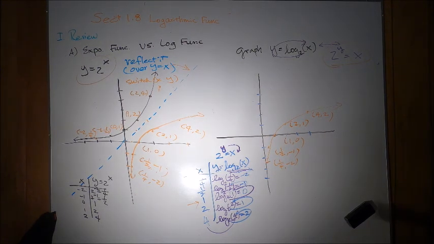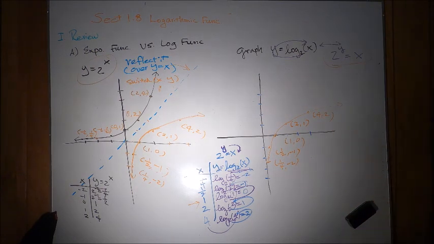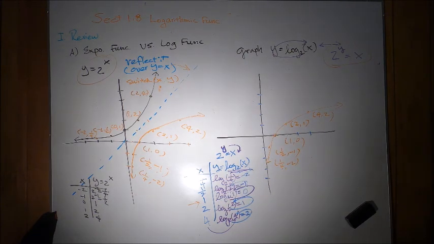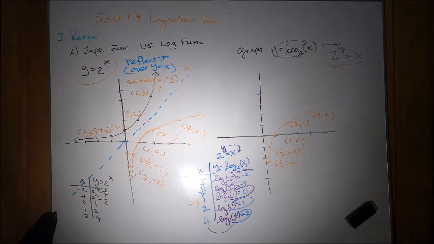What we are talking about is that the log function is the inverse of the exponential function. What does inverse mean? It means you switch your x and y. x becomes y, y becomes x.